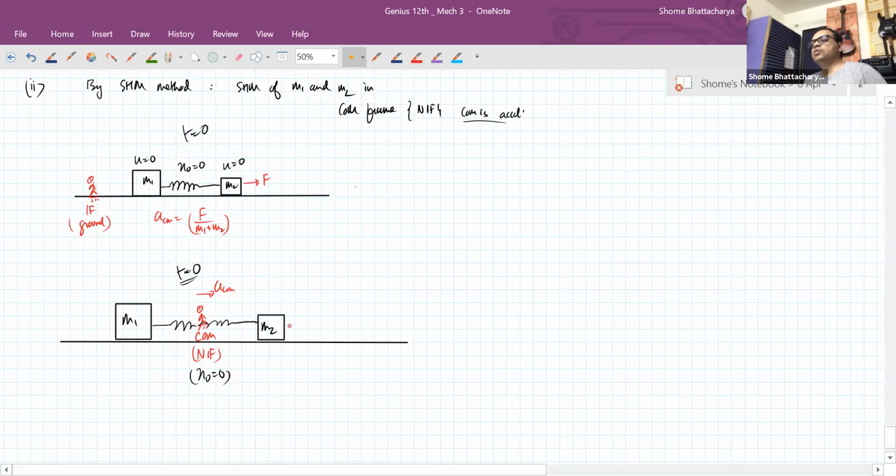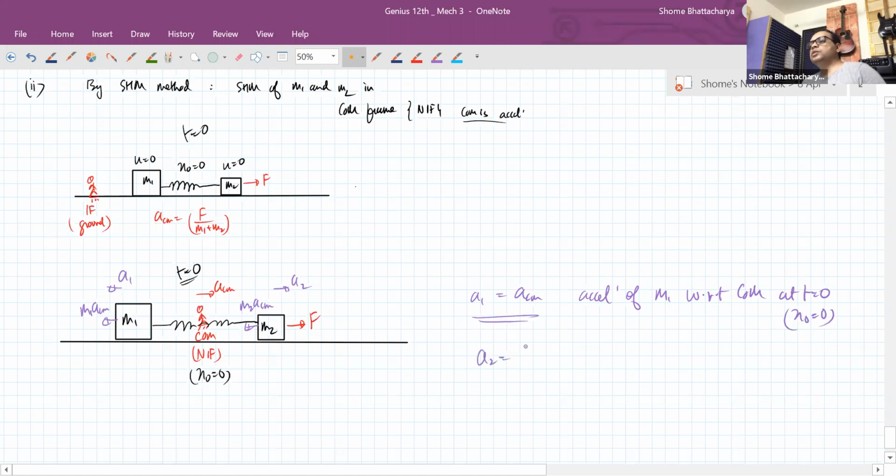Okay. But this block is experiencing a combination of two forces, F and pseudo force. And this block is experiencing pseudo force. Okay. So in the center of mass frame, this guy is having an acceleration A1. This guy is having an acceleration A2. So A1 is equal to ACM, that is acceleration of m1 with respect to center of mass at t equal to 0, when the extension of the spring was 0. Okay. And this A2 will become F minus m2 ACM divided by m2.